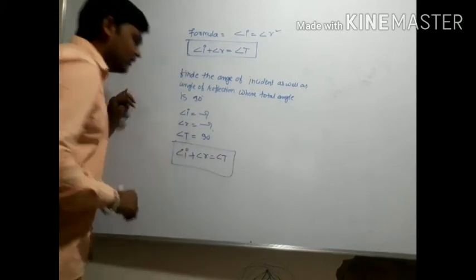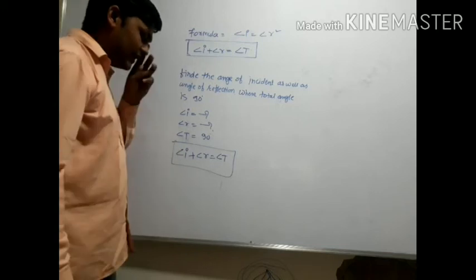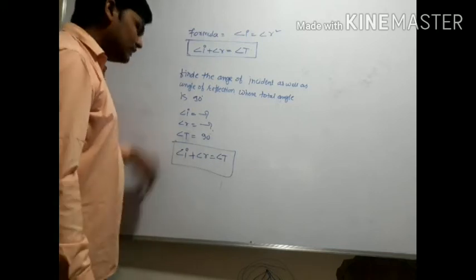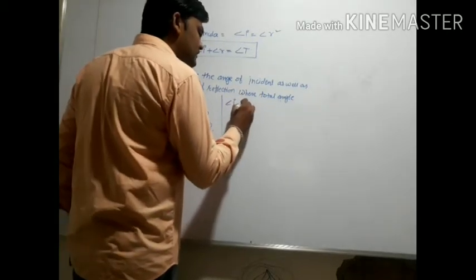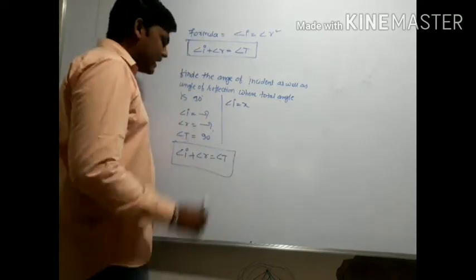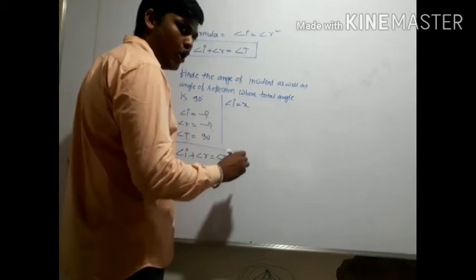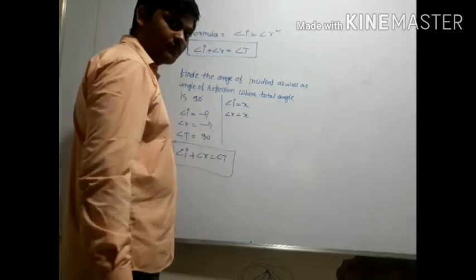But we don't know either one. So for that, what we are going to do is take angle of incidence equal to x. Consider angle of incidence is equal to x. So automatically by the law, angle of reflection is also equal to x.